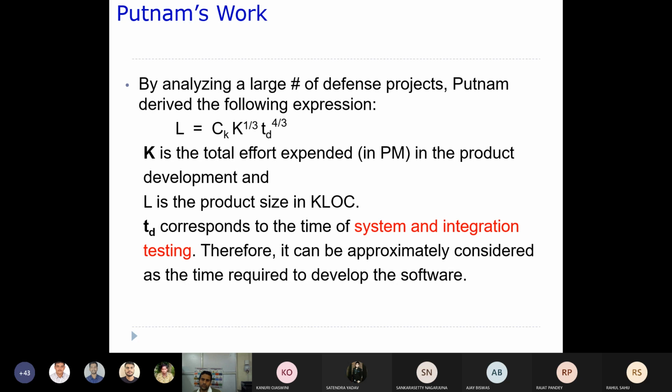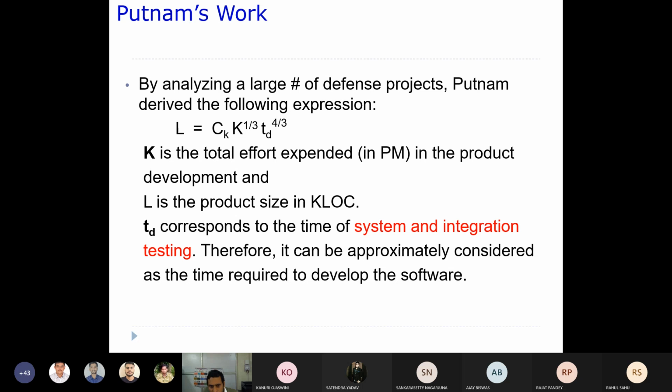He went through various projects, and from the projects themselves they found the total effort actually expended. L is the product size in KLOC, and Td corresponds to the system and integration testing time, the time required or spent on system and integration testing.